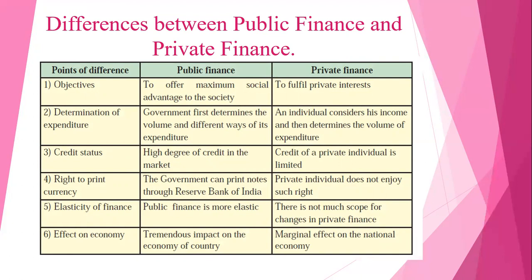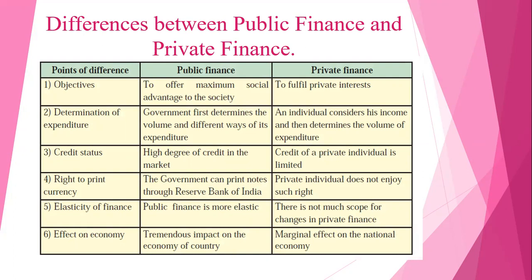Now, second point, determination of expenditure. In public finance, government first determines the volume and different ways of its expenditure. And in private finance, an individual considers his income and then determines the volume of expenditure.